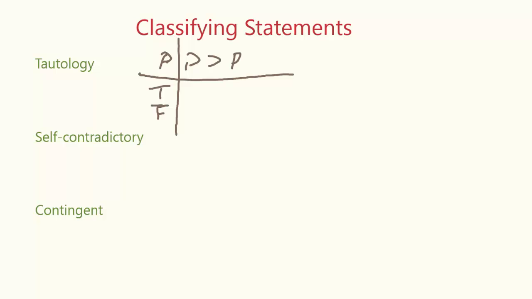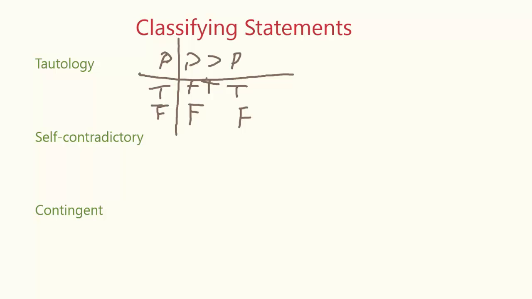So in the first case, our antecedent is true and our consequent is true. There's only one case where a material conditional is false, and that's when the antecedent is true and the consequent is false. So this is true. In our second case, the antecedent is false and the consequent is false.